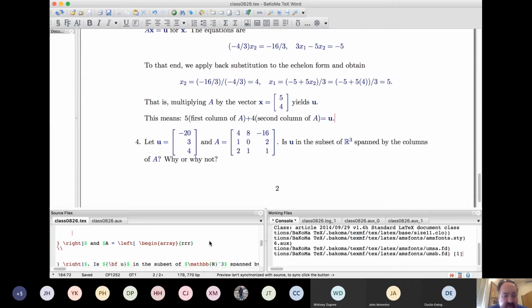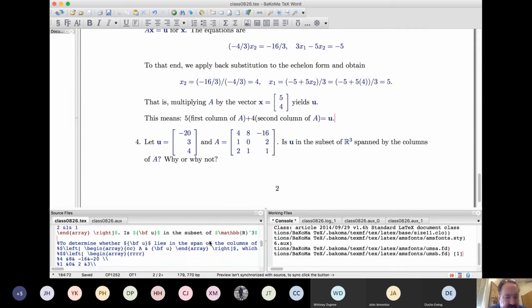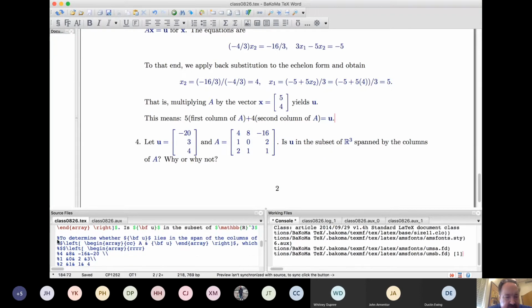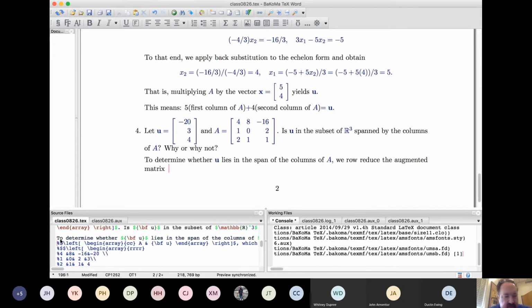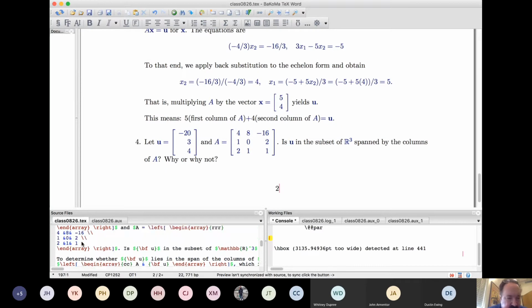All right, so the next problem is the same kind of situation. We just have a matrix with 3 columns. To determine if this vector is in the span of these columns, let me put this on a new page.